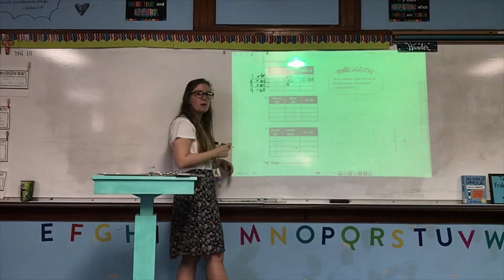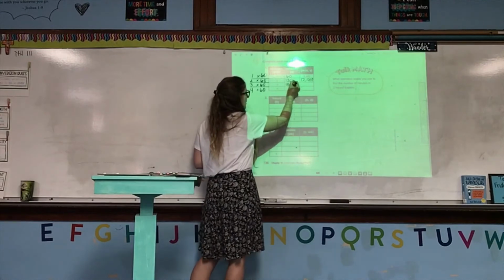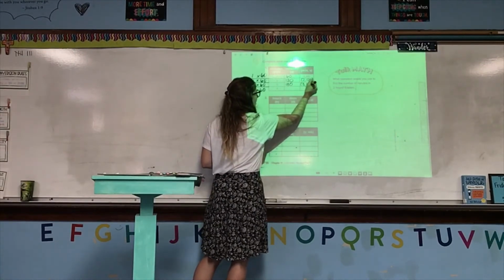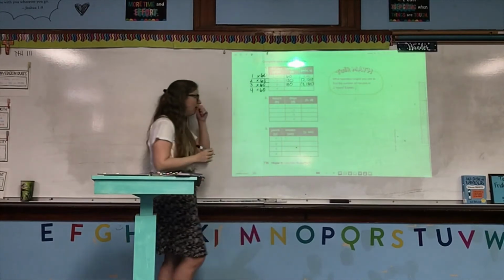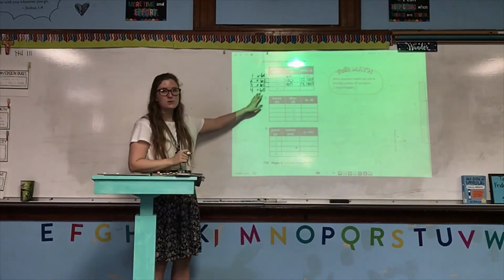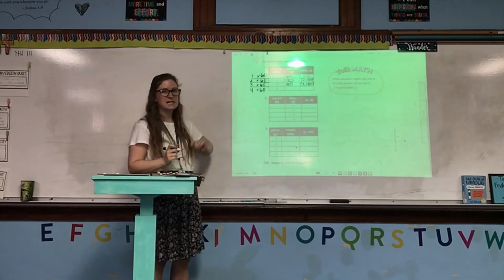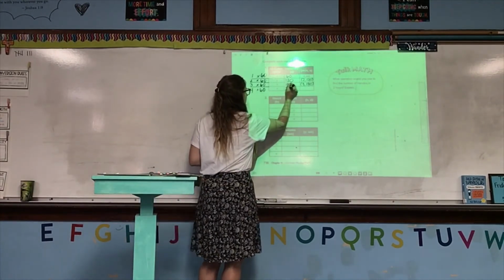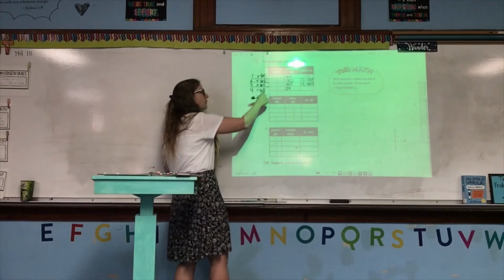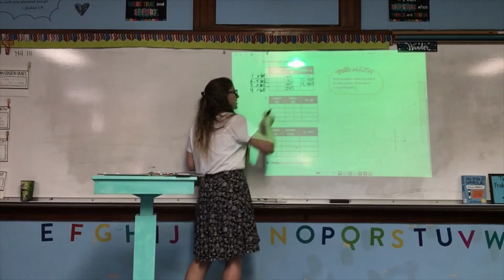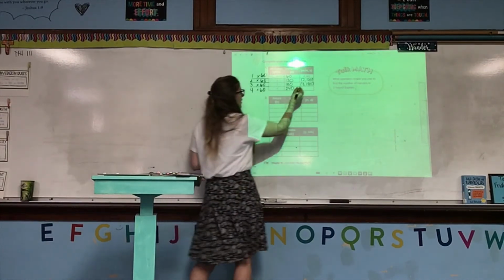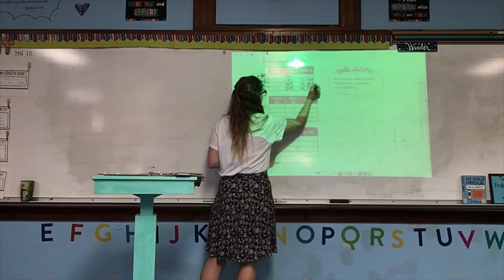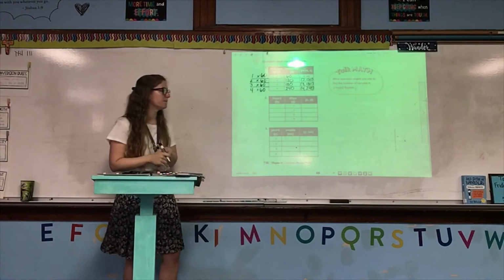Then we move the 0 from the end of the factor to the end of the product, which means that in 3 minutes, there are 180 seconds. The last one for this table, 4 times 60. The basic fact is 4 times 6, which equals 24. Then we move the 0 from the end of the factor to the end of the product, which means that in 4 minutes, there are 240 seconds.